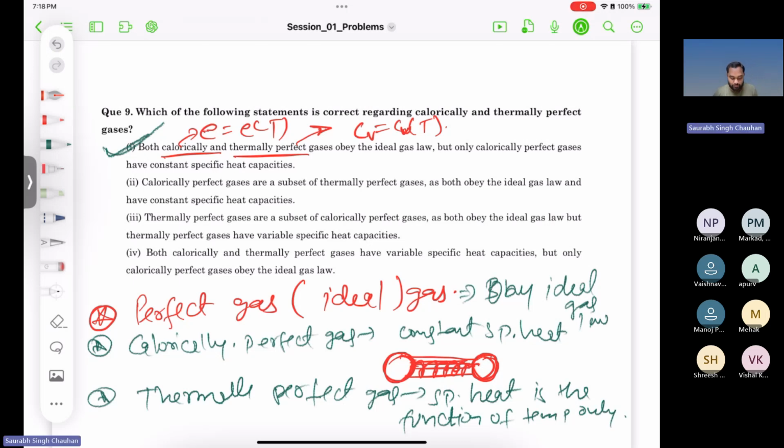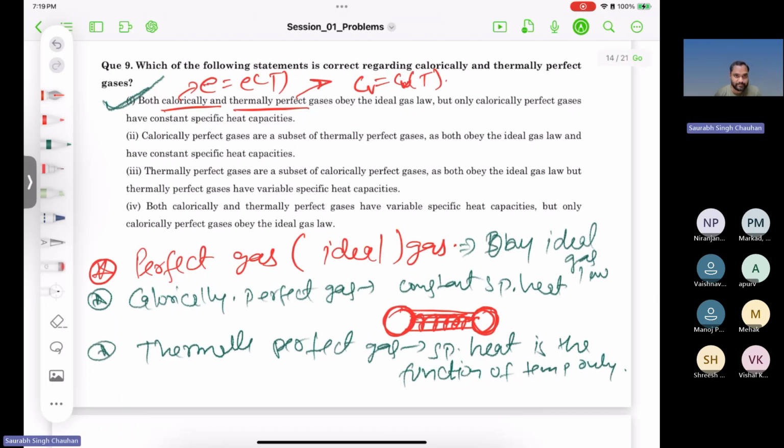Okay, and both of these follow the ideal gas law. Okay, it is just a definition based question. I don't think there should be any problem. So I think we can move to the next question.